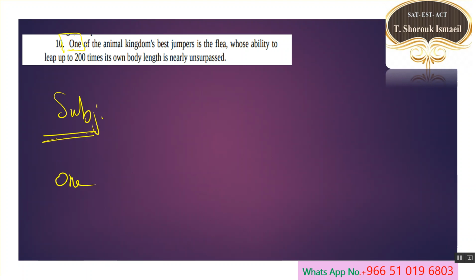That's my subject. Of blah, blah, blah. I found a verb, so I need to stop here. This is a prepositional phrase. I don't need it at all. It's a phrase that they put here just to make me forget about my subject and its agreement. Prepositional phrase. My verb here is is.